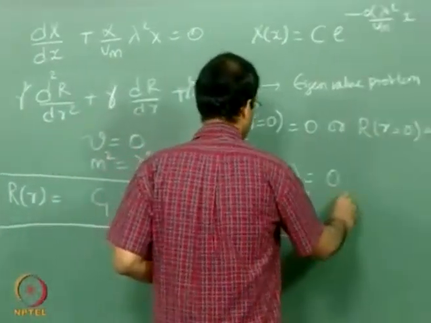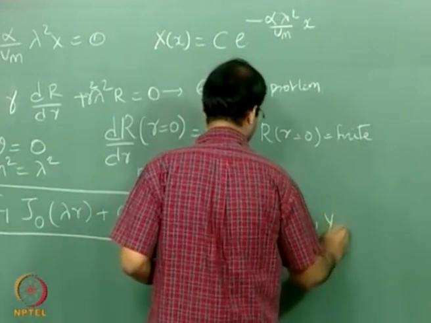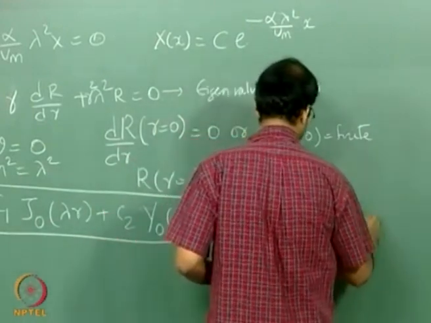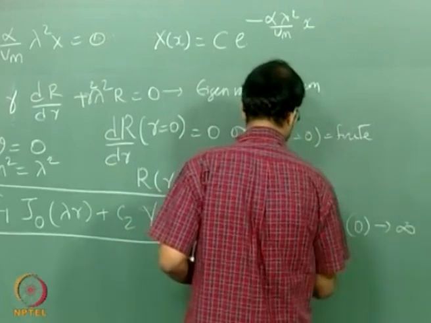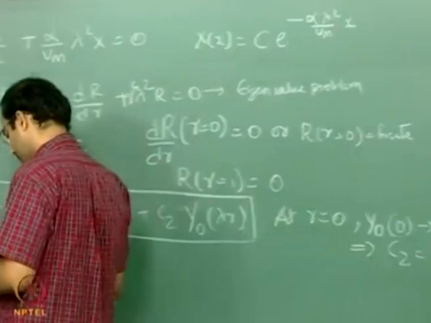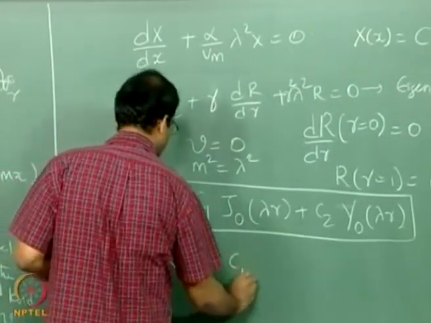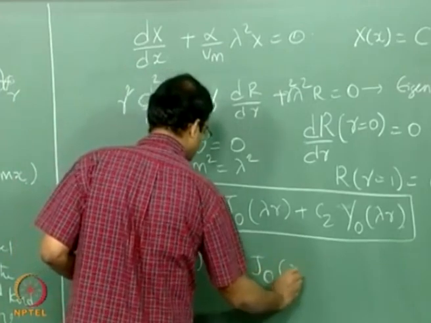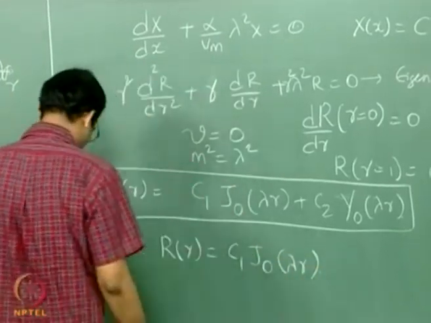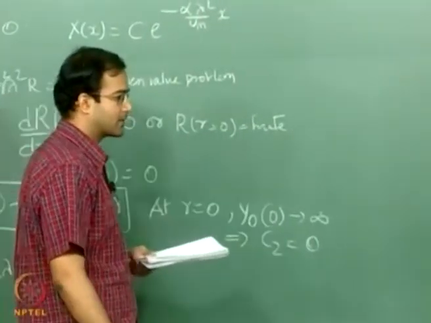So Y0 of 0 goes to infinity, so this gives that C2 has to be 0 for the solution to be finite. So therefore my R of r directly reduces to C1 J0 of lambda r. So this is how my eigenvalue problem reduces.